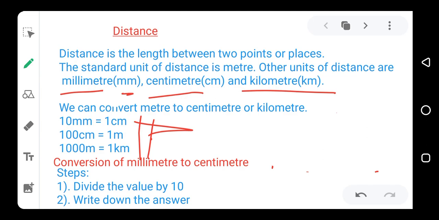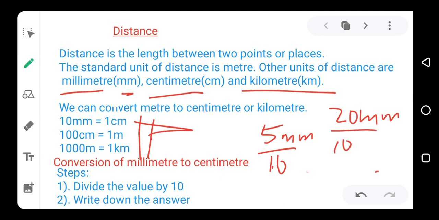To convert anything from mm to cm, the first step is to divide that value or that number by 10. So assuming we have 5 millimeters and we want to convert it to centimeters, we divide it by 10.